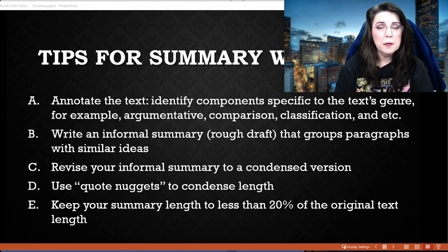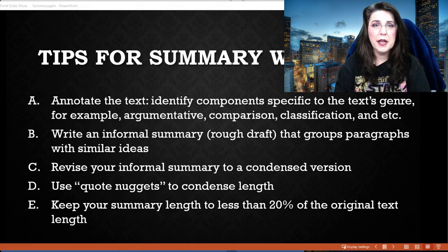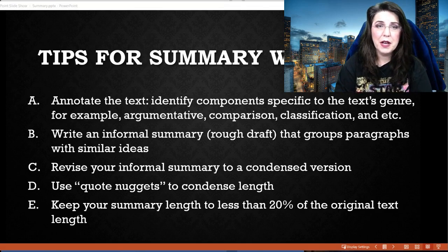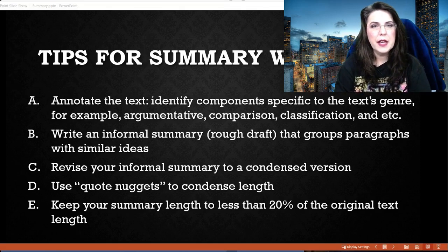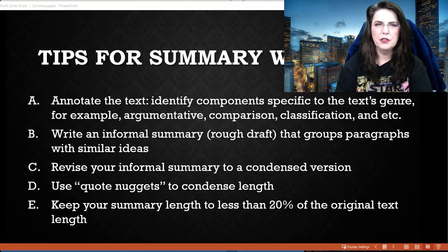If you are reading a comparison and contrast essay, be sure to identify how those elements are being compared and contrasted together. If you're reading a classification essay, be sure to annotate whatever items or objects or thoughts are being classified and how they're being classified and the reasons for those classifications.